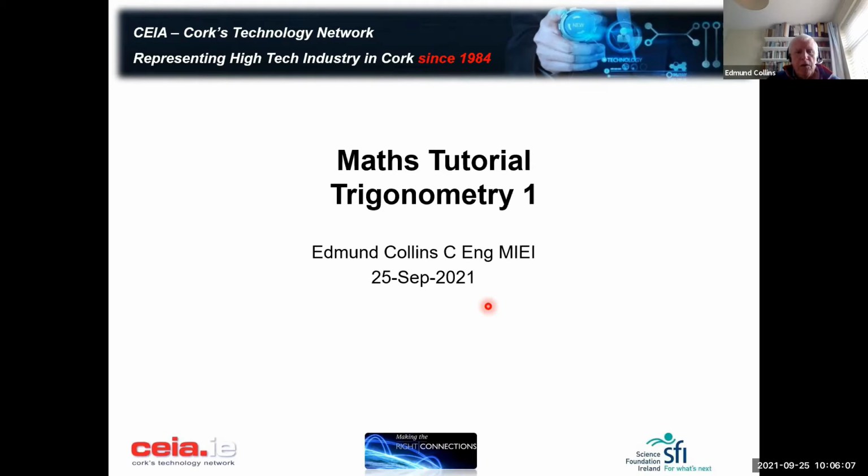Now, as we've talked about in previous tutorials, the aim here is to go through the principles, the fundamentals of the particular topic, and also do some exam questions. But like the analogy of the toolbox, where you need to be comfortable using different tools to fix a machine, likewise with mathematics, it's very important that you're comfortable with all the tools that you need.